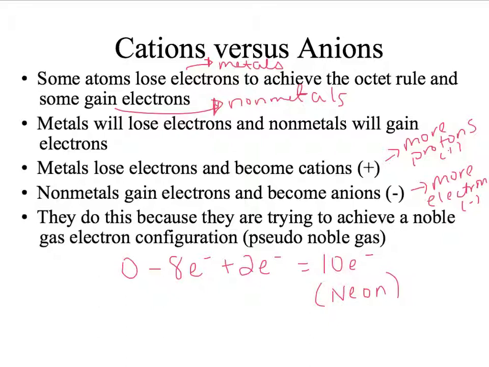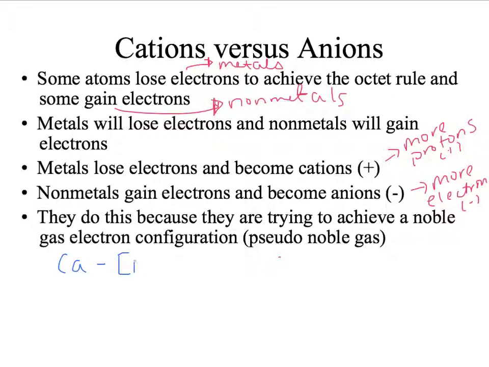And then remember what's going on with metals versus nonmetals, knowing what's going on with their electron configuration. So I'm going to go ahead and erase this oxygen stuff. Hopefully you have that down. What I'm going to do is work out 2 different electron configurations so you can see the difference between what's going on with a metal versus a nonmetal. If I look at calcium, I'm going to abbreviate its electron configuration.